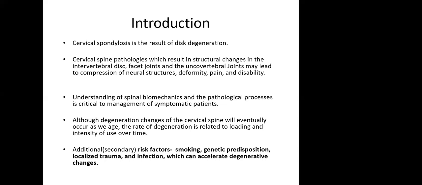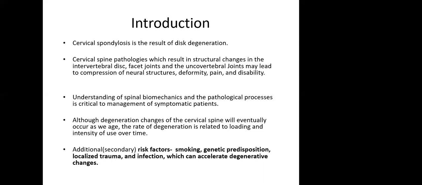Cervical spondylosis is a result of disc degeneration. Cervical pathologies, which result in structural changes in the intervertebral disc, facet joints, and uncovertebral joints, may compress neural structures. So understanding the spinal biomechanics and these pathologic processes is critical to management decision-making in symptomatic patients.